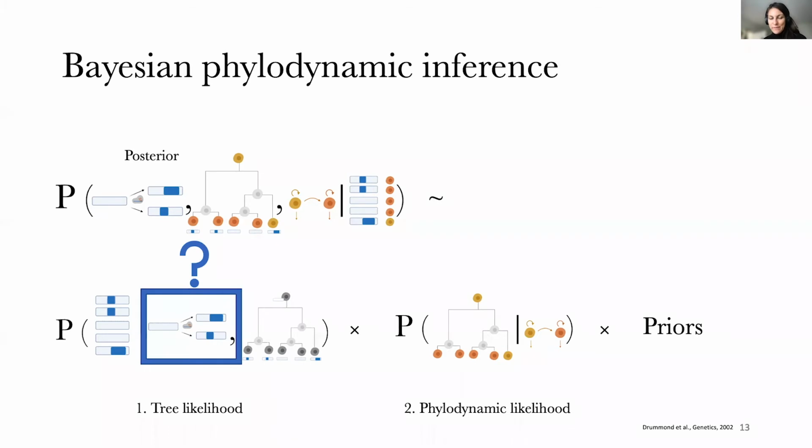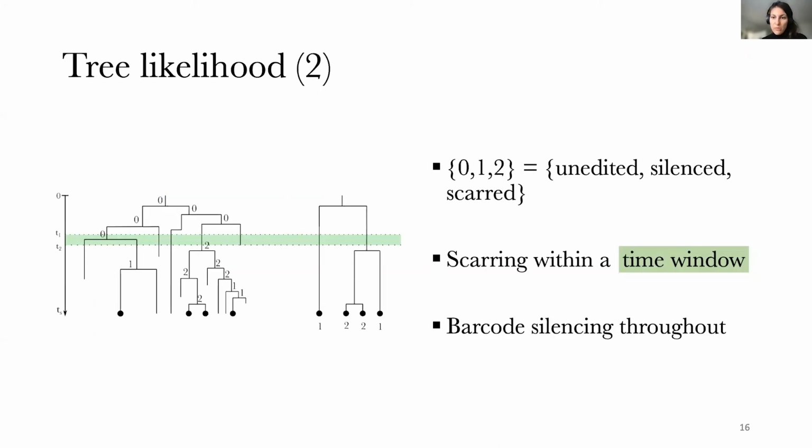Therefore, a first step to tackle this problem in a phylodynamic approach is to come up with a model of barcode change. For each barcode, we model the barcode change process as a continuous time Markov process on the state space of unedited barcodes, silenced barcodes, and scarred barcodes. And there could be more different scarred states corresponding to different scar types. Now, we always start with a cell that has an unedited barcode.